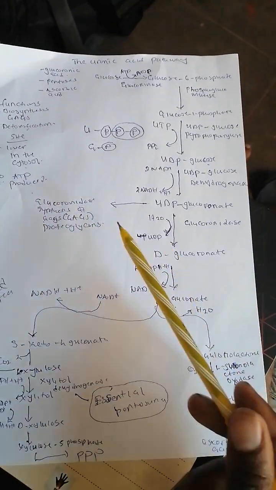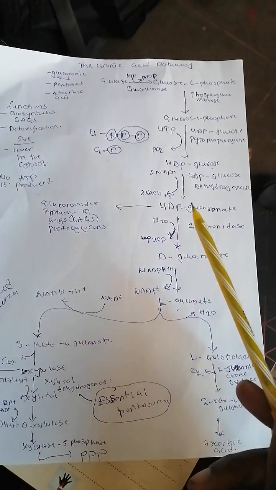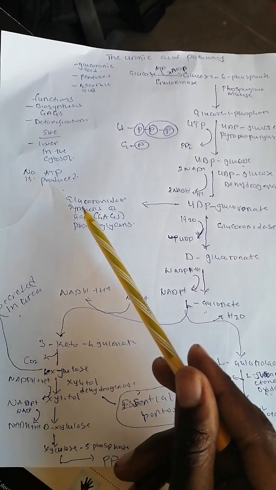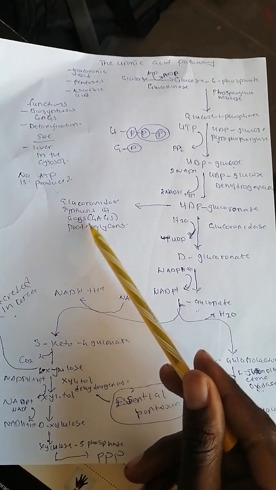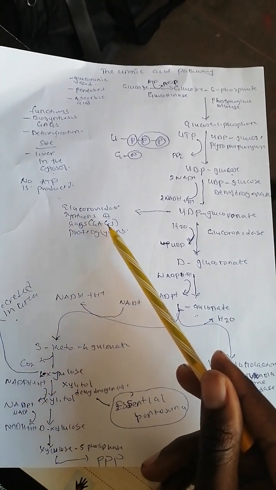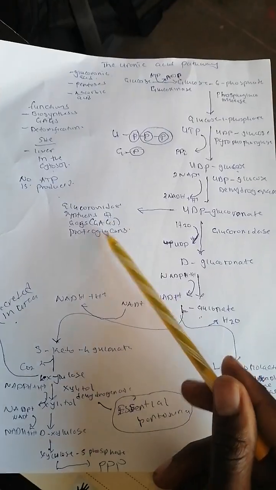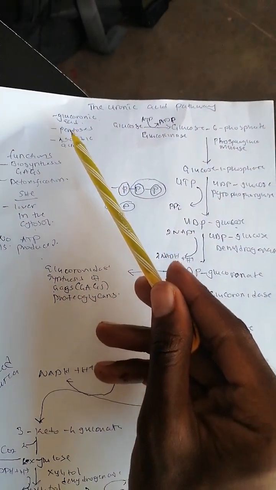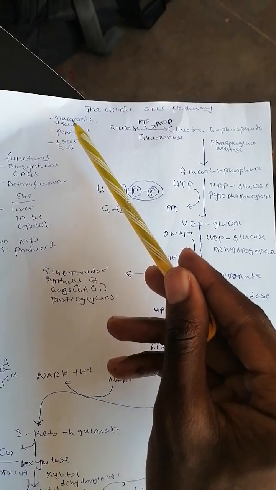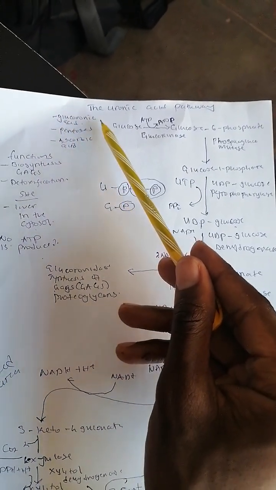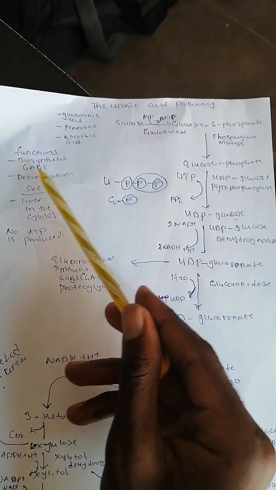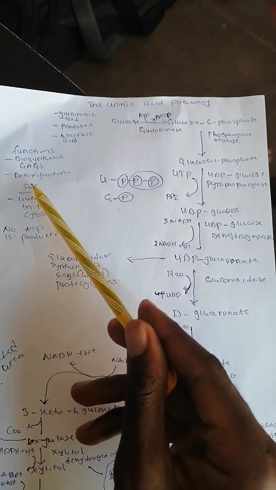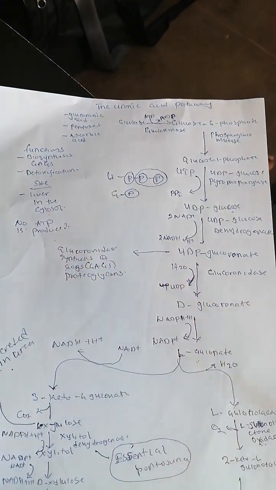One other thing to remember is that UDP glucuronate is used to produce glucuronidase, and also in the synthesis of glycosaminoglycans, the proteoglycans. It is essential for glucuronic acid production, pentoses and ascorbic acid, and is also essential in the biosynthesis of GAGs and partly detoxification.